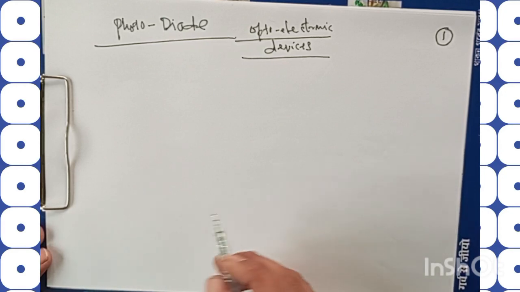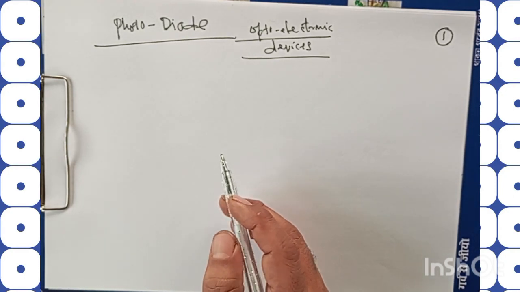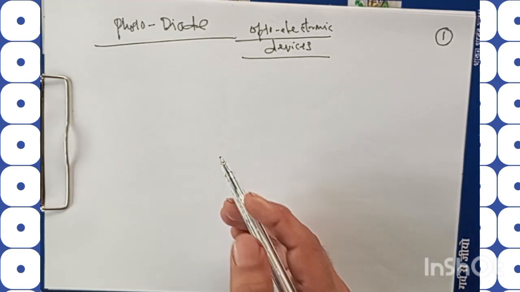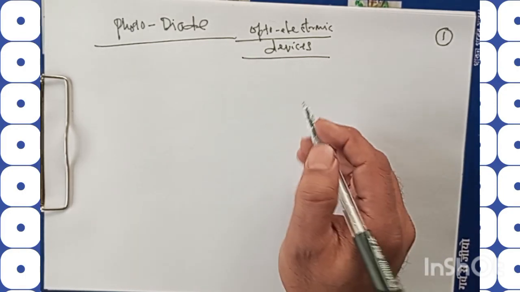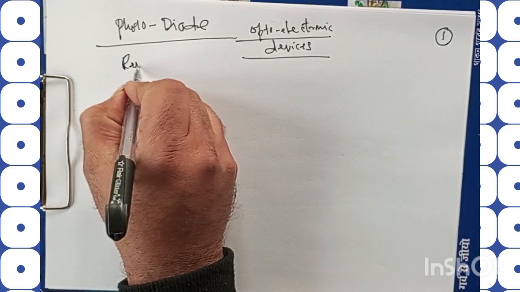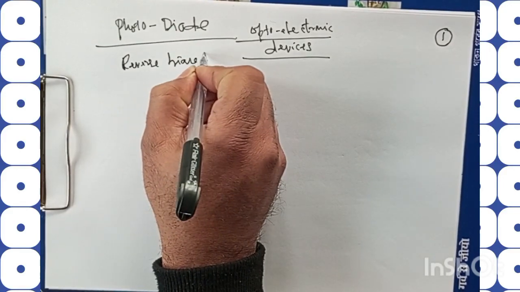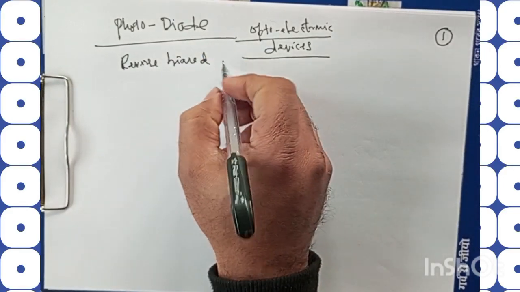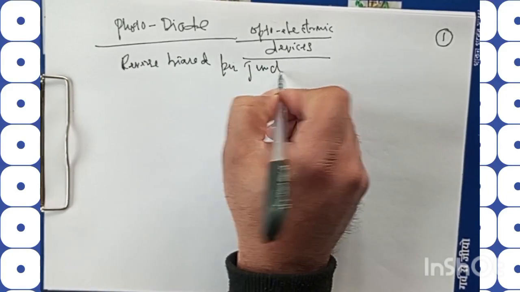So we have various types of optoelectronic junction devices, and in this video we'll be talking about the photodiode. This photodiode is a reverse biased PN junction.